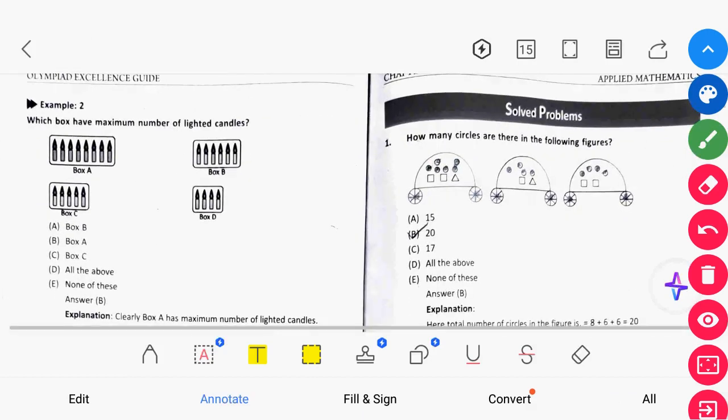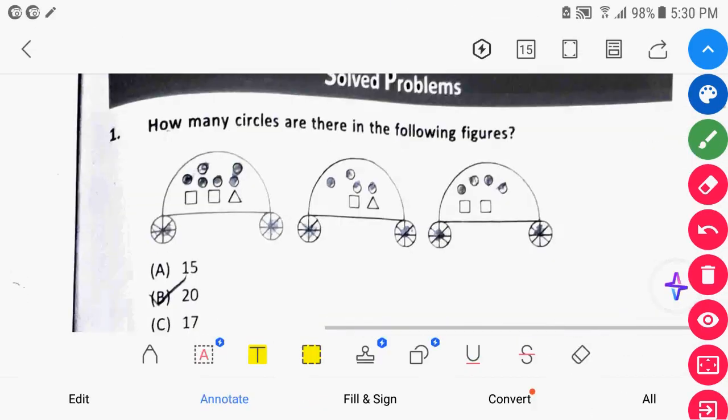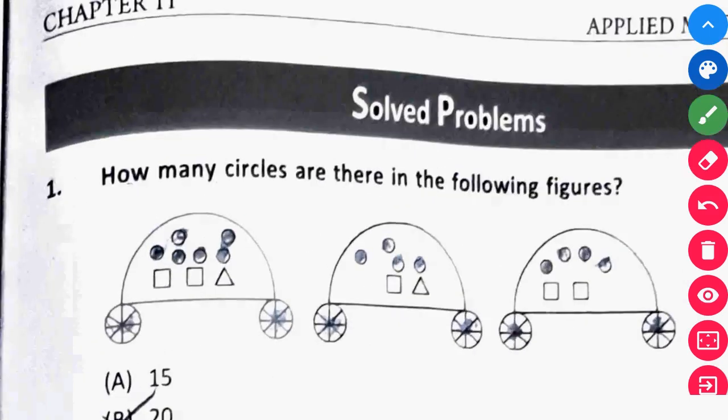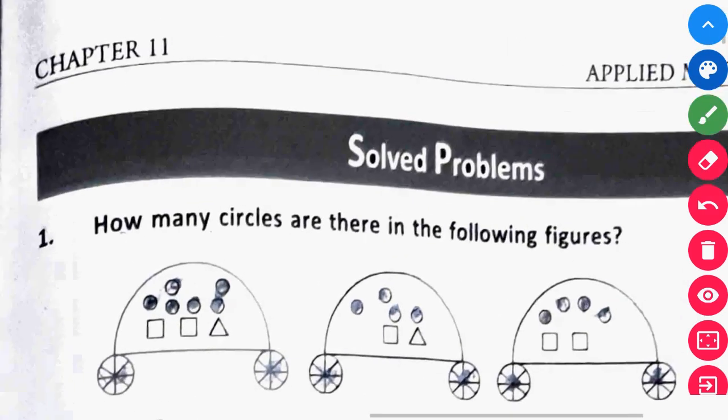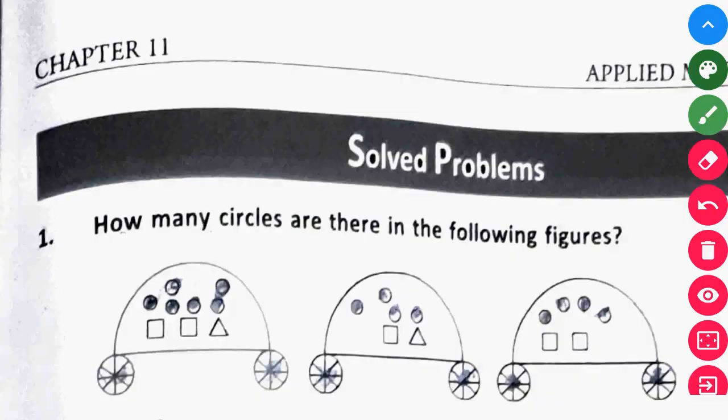Now see, how many circles are there in the following figure? Here one figure is given to you and you have to calculate the circles inside it. Just look at the figure and count the circles.